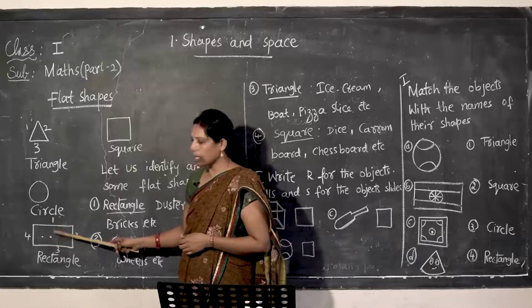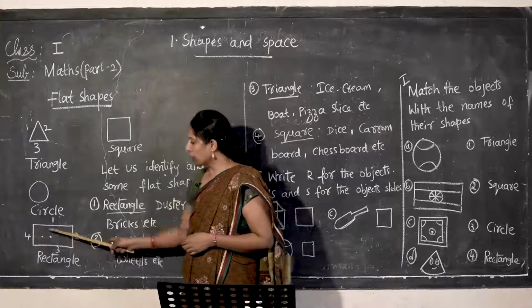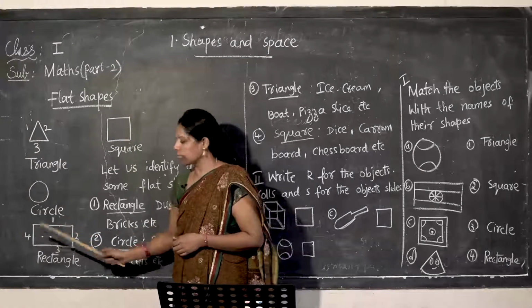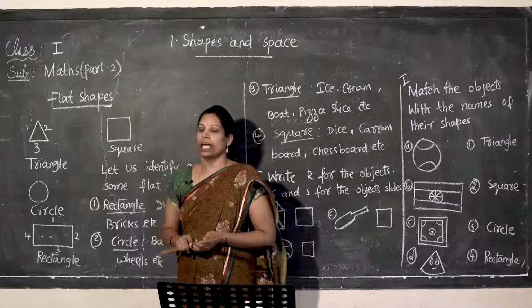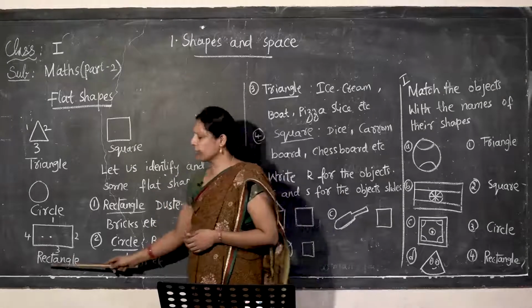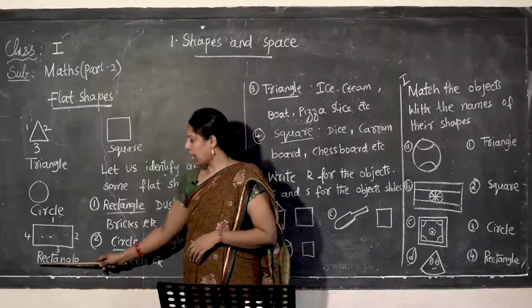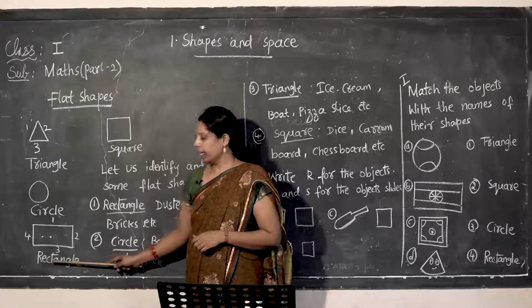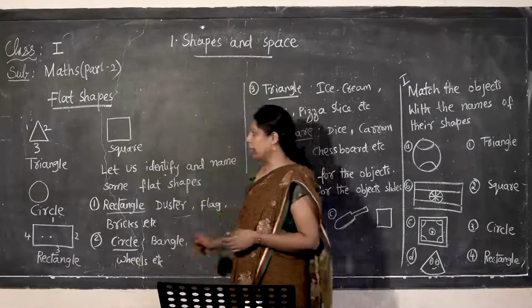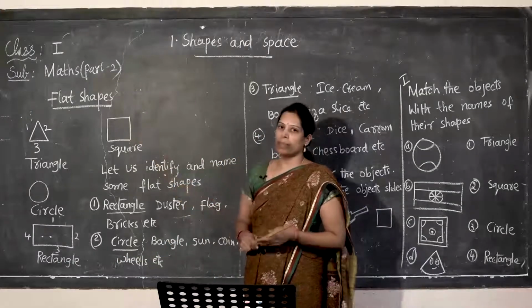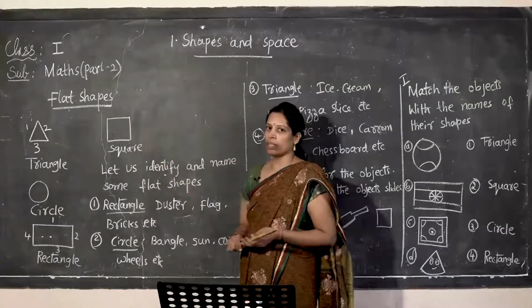So these 2 sides are equal, and 4 and 2 are the opposite sides, and these 2 sides are equal. Then only you can say that particular object is a rectangle. All of you spell the word rectangle. R-E-C-T-A-N-G-L-E. Rectangle.